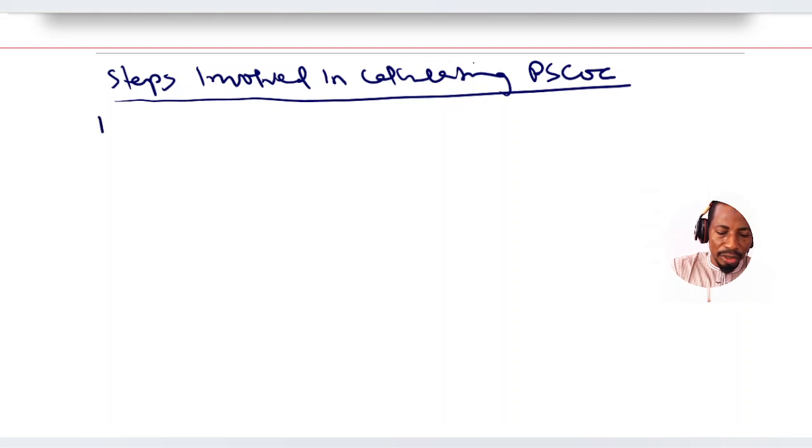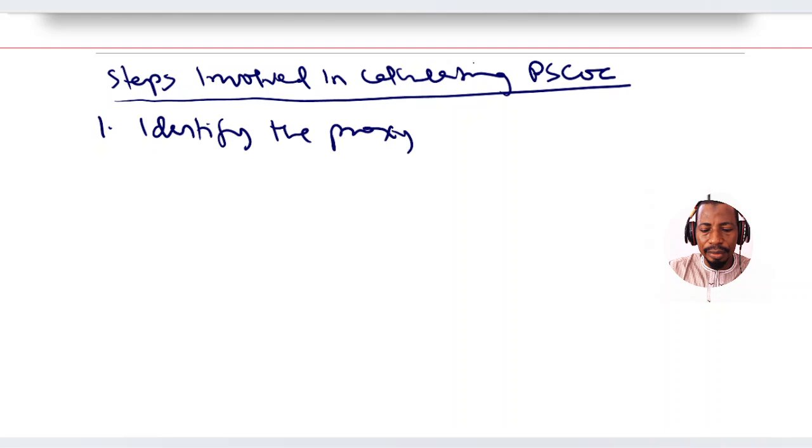The first procedure is to identify the proxy beta. So like I mentioned the other time, the proxy company is a comparable company that operates in the industry where a company is moving to. So the new industry that this company is moving to, you need to borrow the beta of the comparable company that is already operating in the new industry.